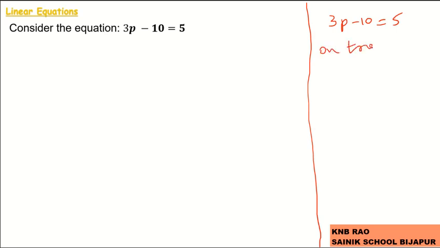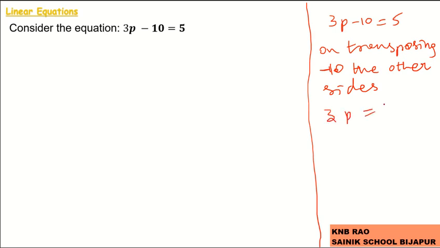On transposing minus 10 to the other side is same as adding 10 on both the sides. Here it gives 3p equals to 5 plus 10, because it is subtrahend. If it comes this side, it becomes addend. So, 3p equals to 15.